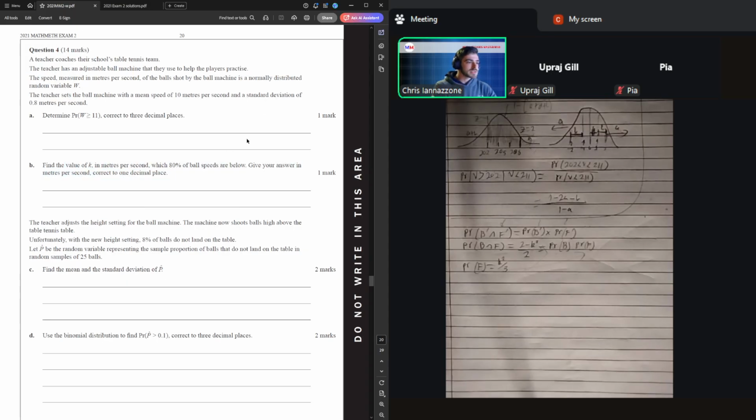Part B is also fairly standard. Find the value of k for which 80% of ball speeds are below.